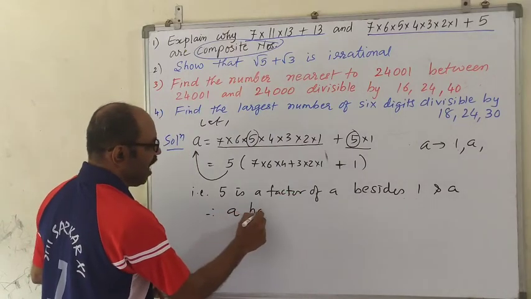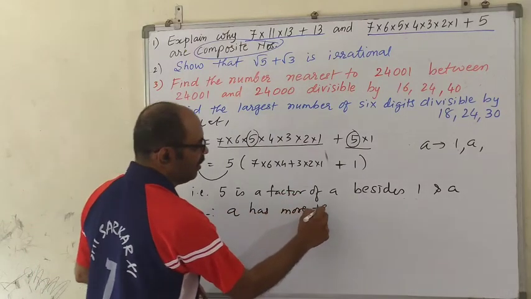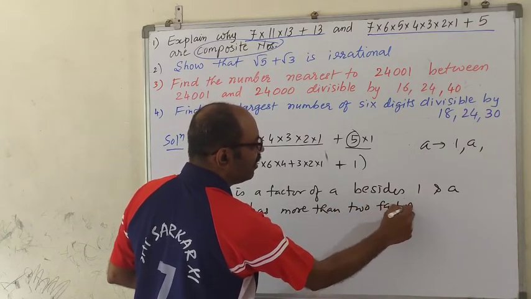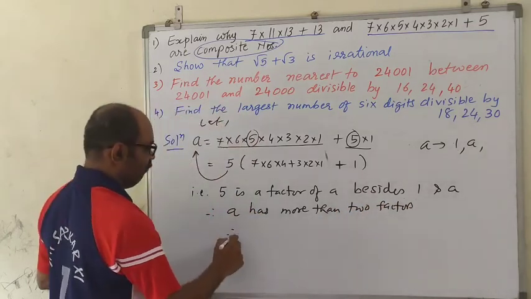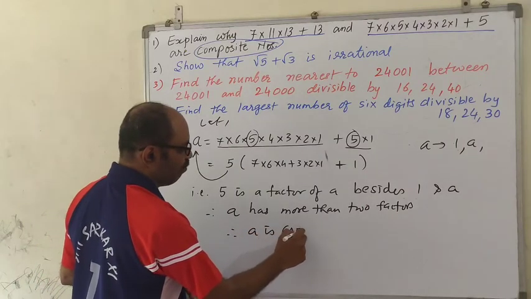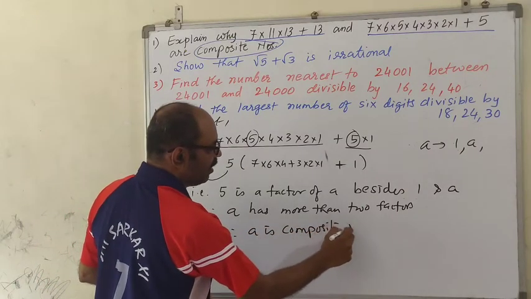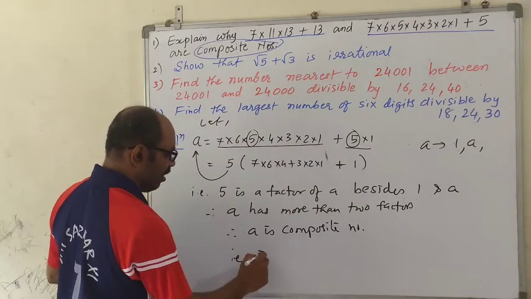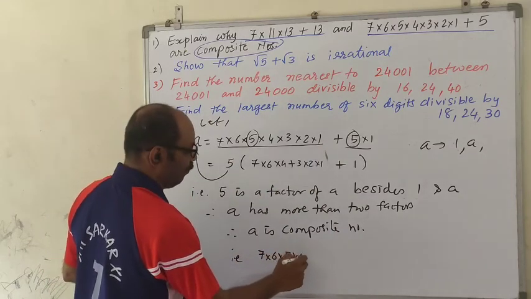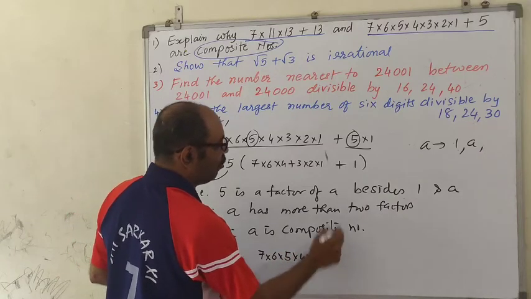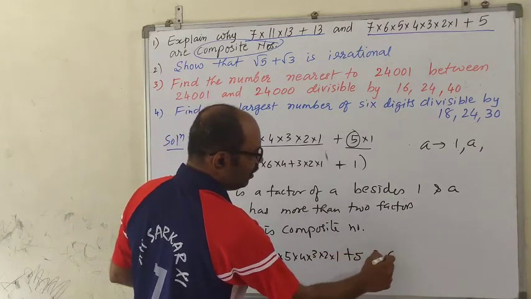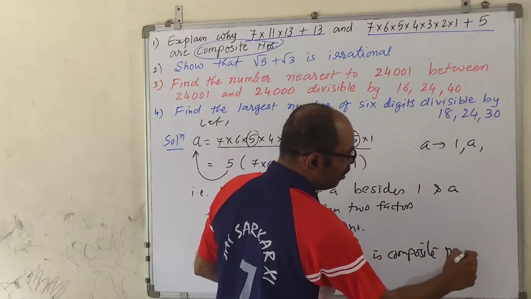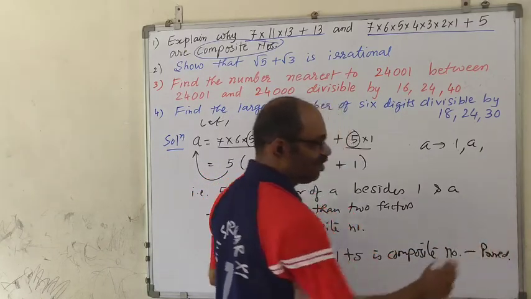Therefore, a has more than two factors. Therefore, a is composite number, i.e. what is a? This whole 7 into 6 into 5 into 4 into 3 into 2 into 1 plus 5 is a composite number. Proved. Are you getting me, children?